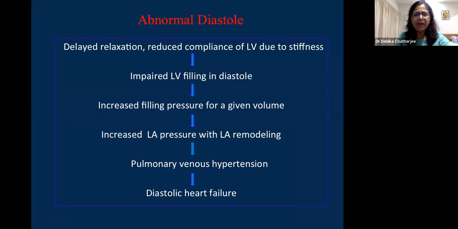There will be impairment of the LV filling in diastole. That will result in increased pressure in the LV and increased LA pressure. With LA remodeling, LA undergoes dilatation. That results in the back pressure, resulting in pulmonary venous hypertension, and the patient goes into heart failure, and that is the cause of diastolic heart failure.